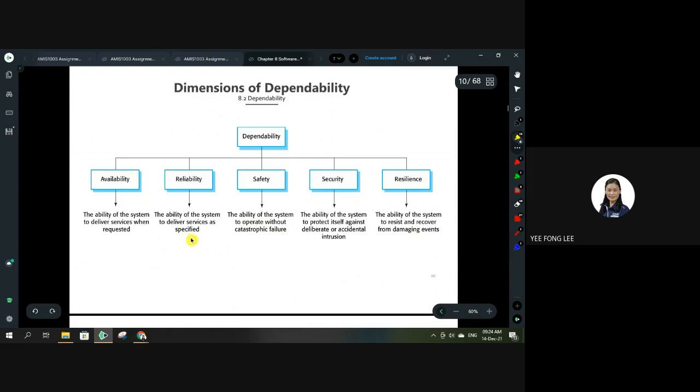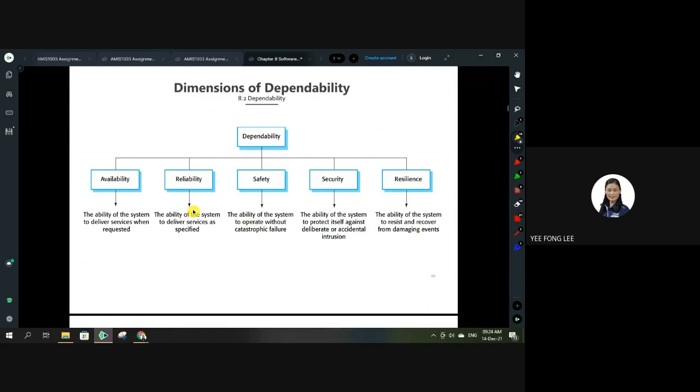Okay, running through the hierarchy diagram of dependability. Reliability: some people might relate reliability to correctness, ensuring the system services perform as specified.